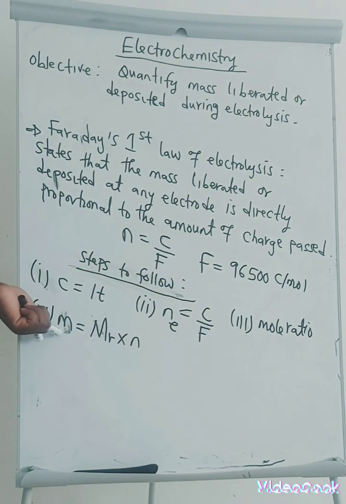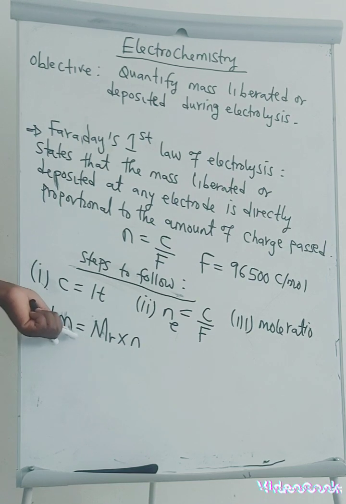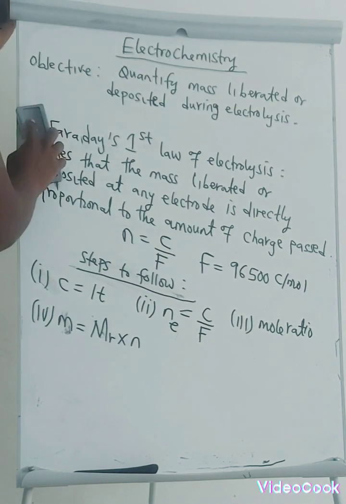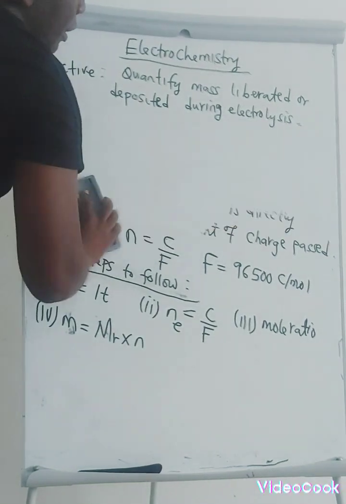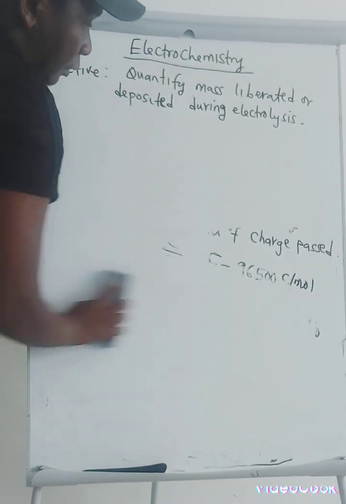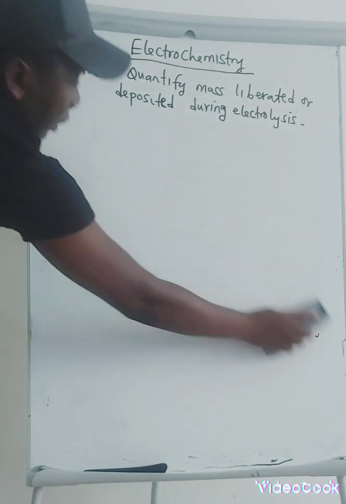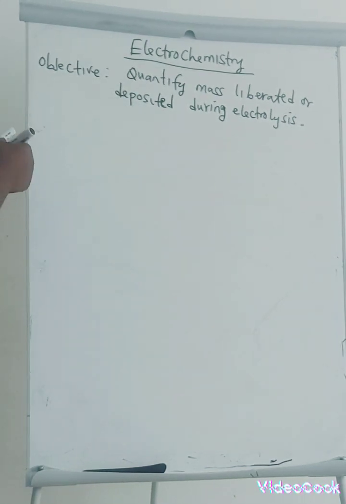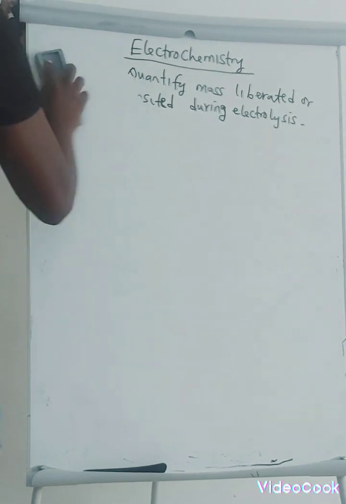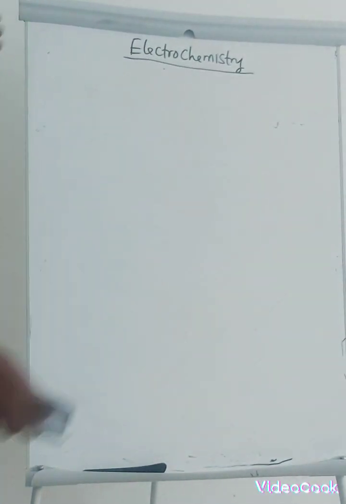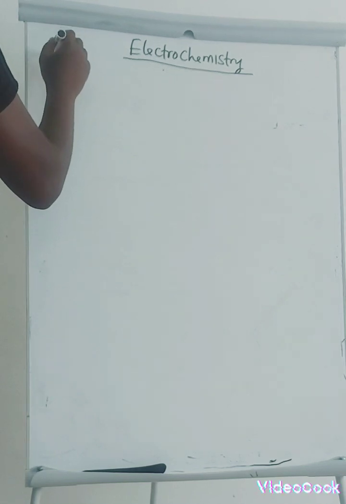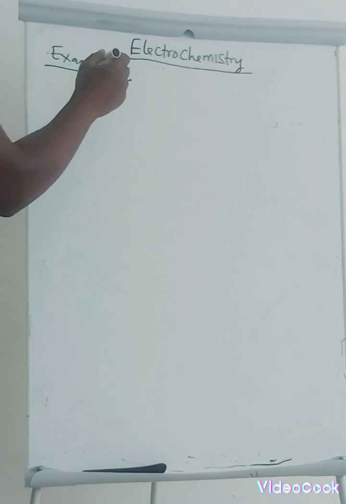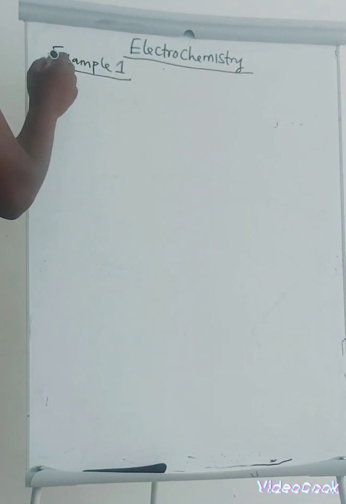Then you change the moles of the substance liberated to mass. So this is how you follow. Example 1.